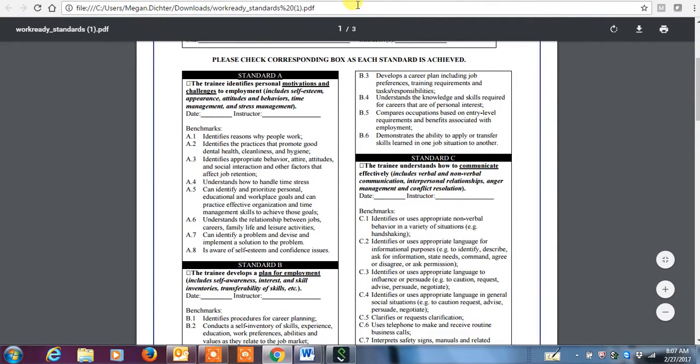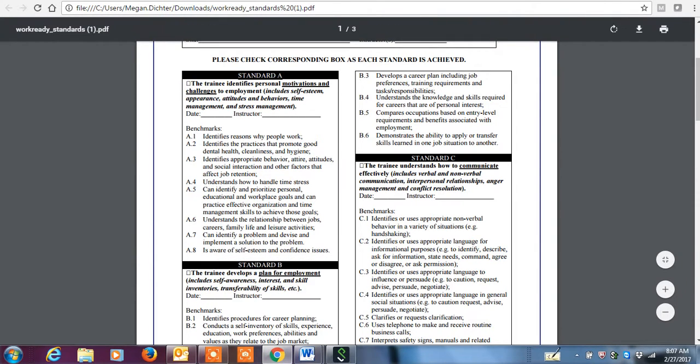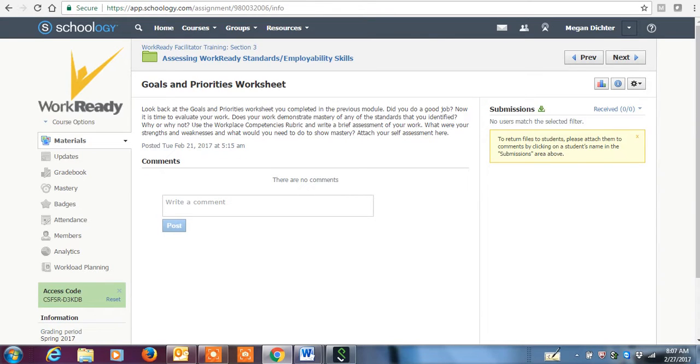Does the work that you did on the assignment really demonstrate that? So does the identification of supports to overcome your barrier really show that you understand how to solve a problem?